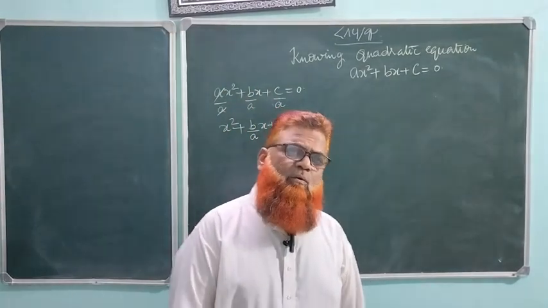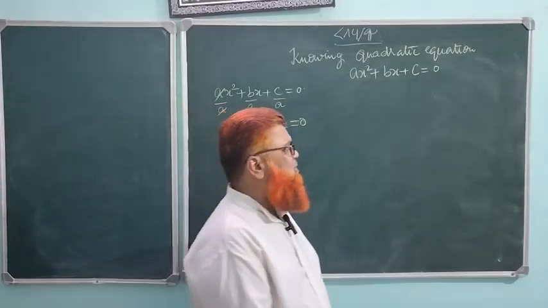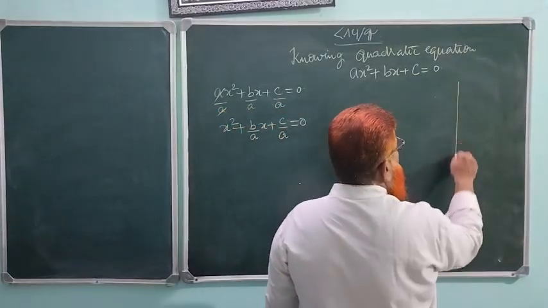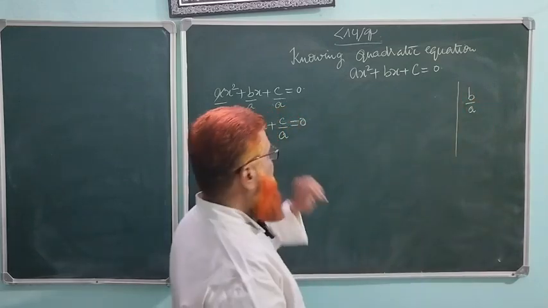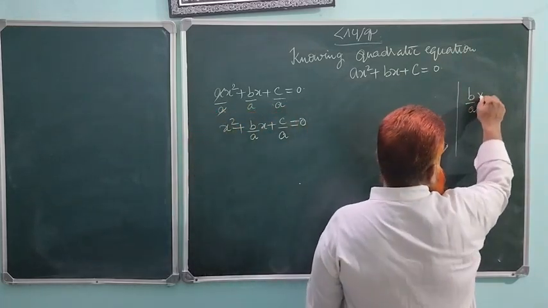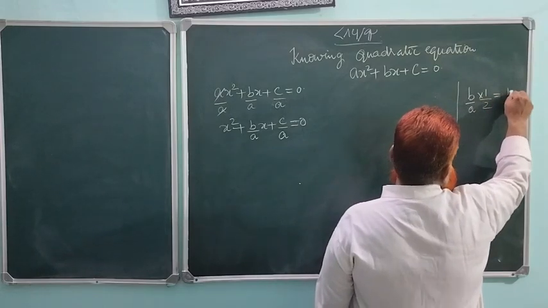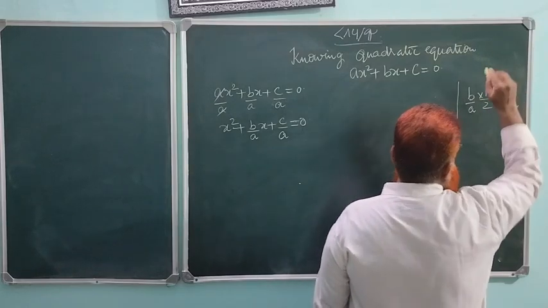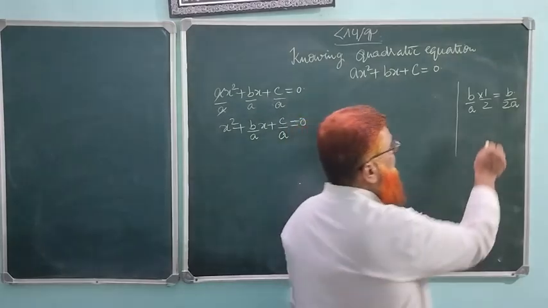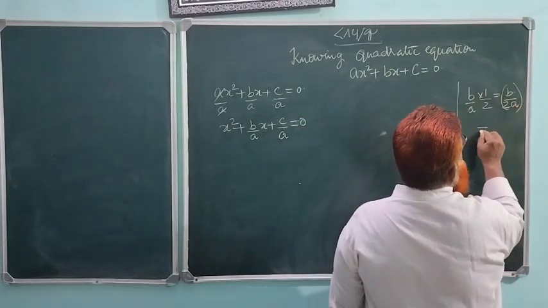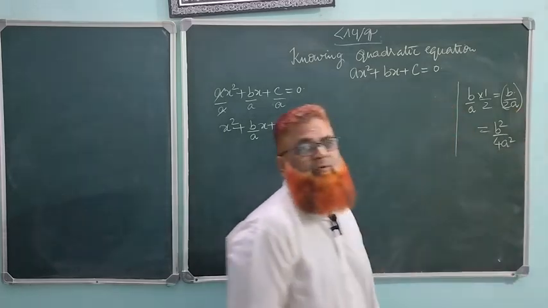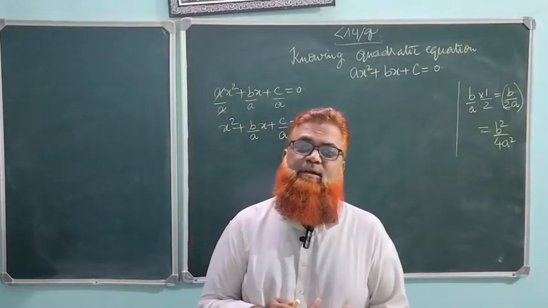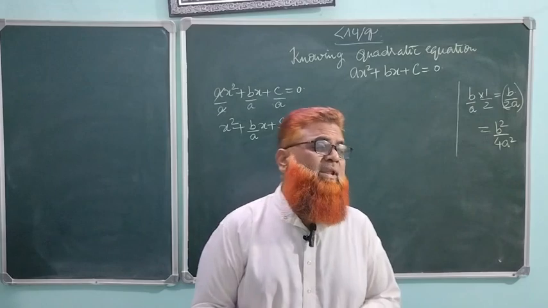Now, completing the square as I told you: first take the coefficient of x, that is b by a, multiply with half, 1 by 2. The product you obtain is b by 2a. Square this product and you get b square by 4a square.